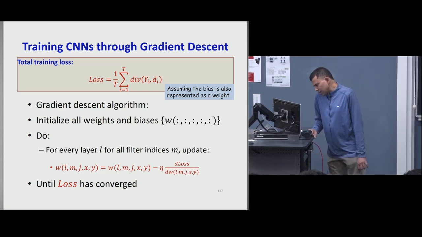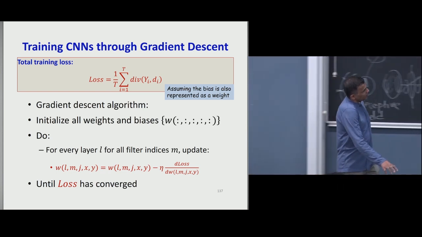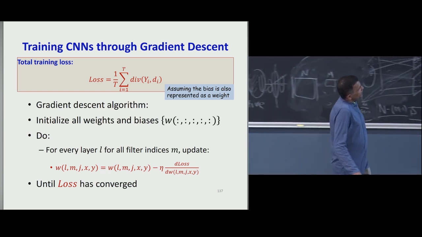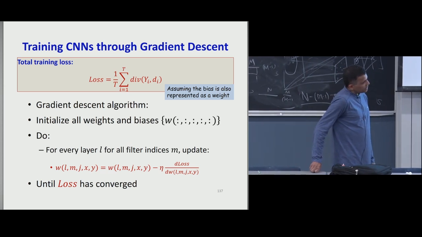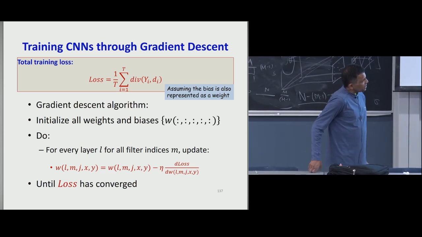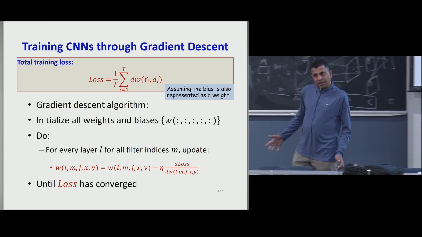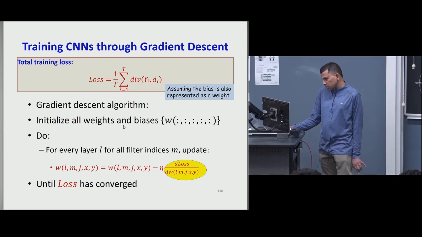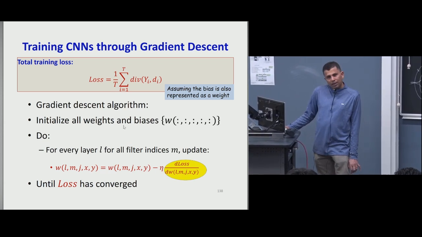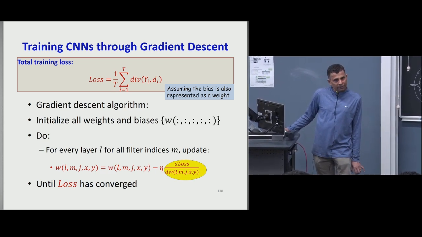Here's the training loss. Here's this very high level pseudocode. The gradient descent algorithm: you would be going through all of the layers iteratively and just use the standard gradient descent rule to learn the parameters till the loss has converged. The real key is how do you actually compute this derivative, right?